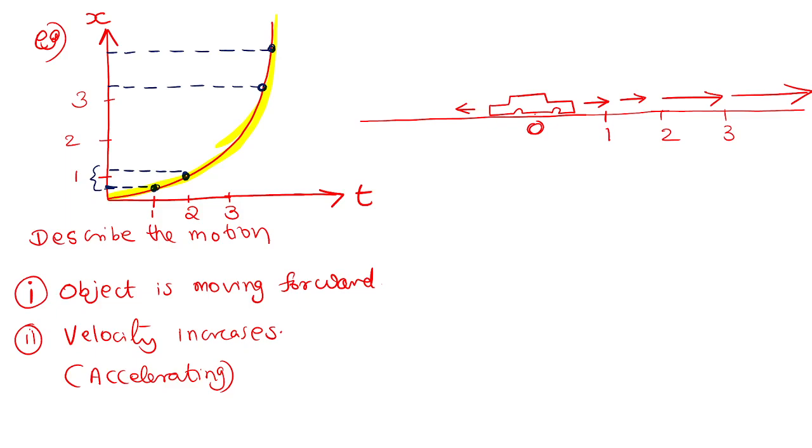Then let me explain another question. I will discuss the textbook question, but before that let me explain some important graph related question. This is the time and this is the position, okay.